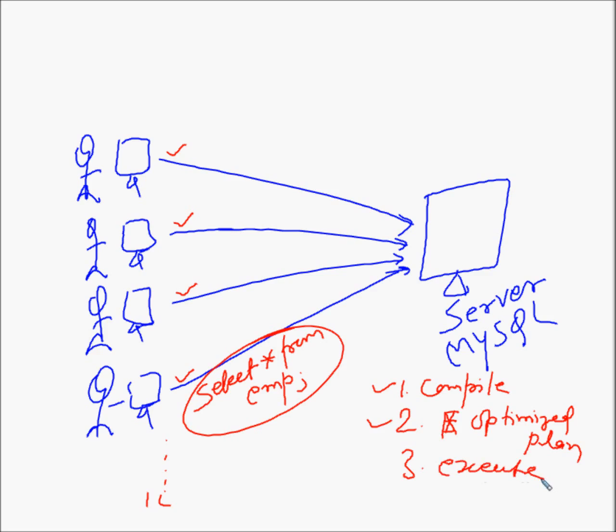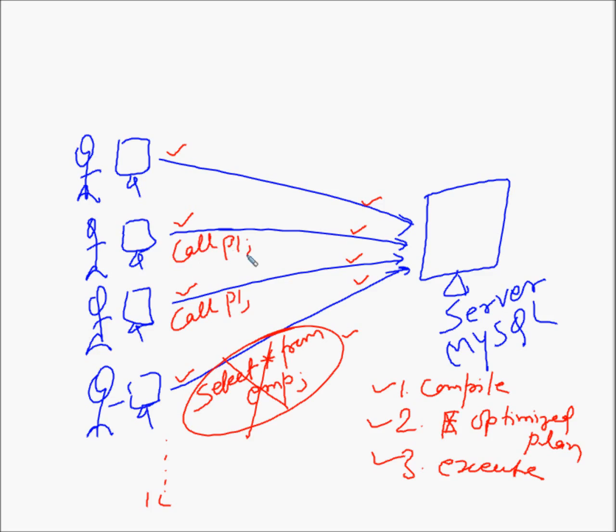So this whole process is carried out with each and every statement, right? If this is a simple query, this will happen. Now consider I'm not firing this query. Instead, these clients are doing what? Say CALL P1. They are also saying CALL P1. What is P1?